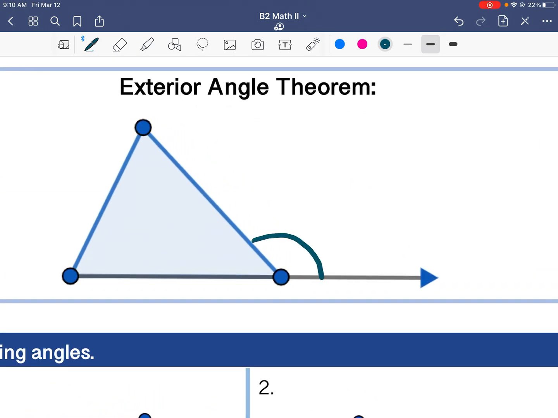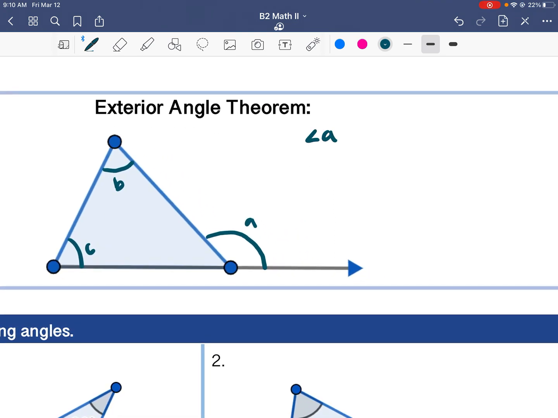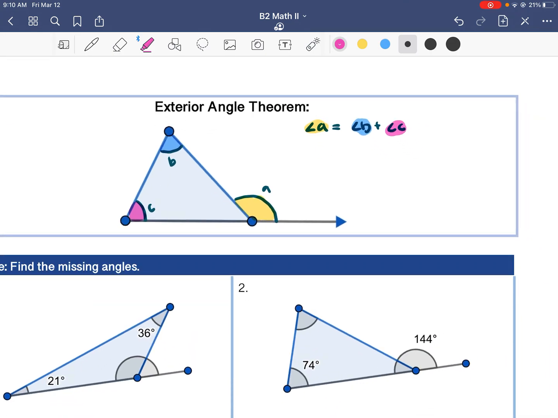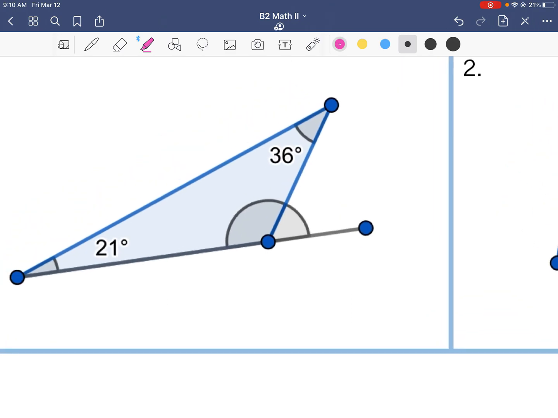Okay, and so we're going to summarize really quickly that this exterior angle out here, we'll call it A, and B and C. So angle A equals angle B plus angle C. We just proved this, but it's kind of hard to see the theorem from the proof, so I'm just double checking that we have this information here. If we add B and C, we get A. That's the idea here.